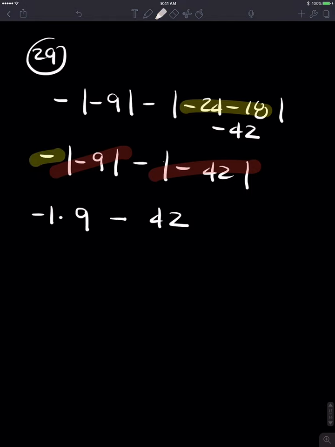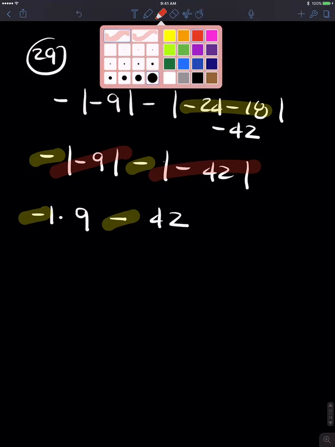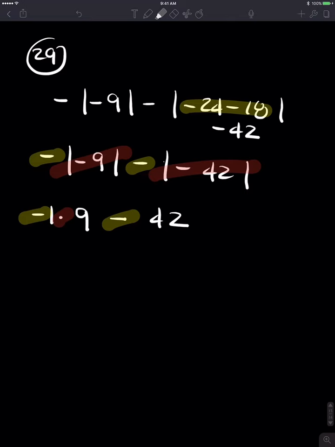This negative sign is still here. That subtraction is still here. The multiplication now has to be performed because multiplication outranks subtraction by order of operations. Negative 1 times positive 9 is negative 9.